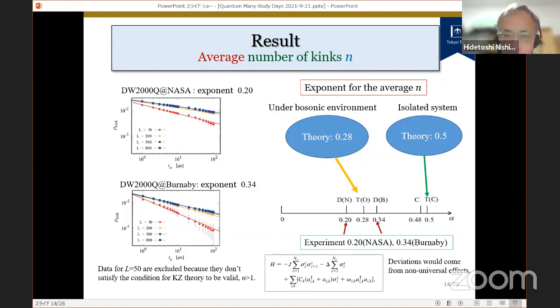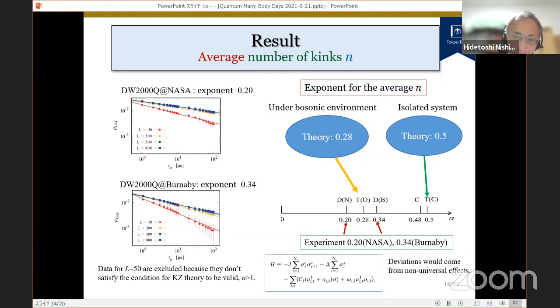So which theory is closer to the experiment? Well, 0.5 is definitely excluded, I should say. But there are deviations between 0.20 and 0.28, and between 0.34 and 0.28.